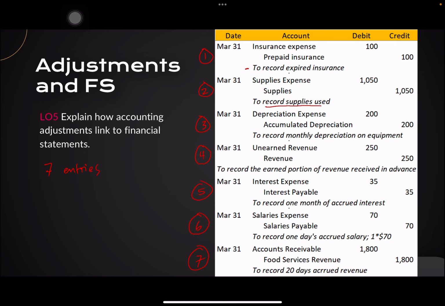From March 11 to March 31, that is a total of 20 days. We already earned revenues as a result of our work, and since we already earned that, we need to recognize it as part of our revenues for the month of March.